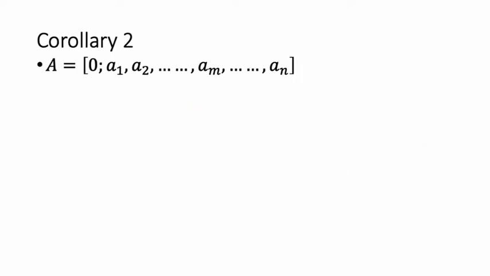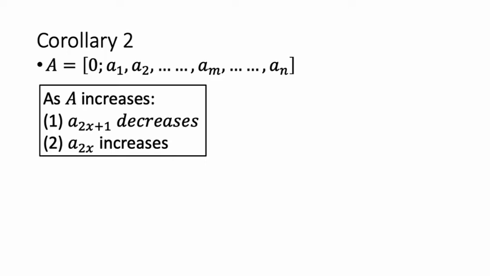Corollary 2 states that as a increases, the odd items will decrease and the even items will increase. This means that a2x plus 1 will decrease and a2x will increase as a increases. This corollary is extremely important when we need to identify which fraction is smaller and which one is bigger.